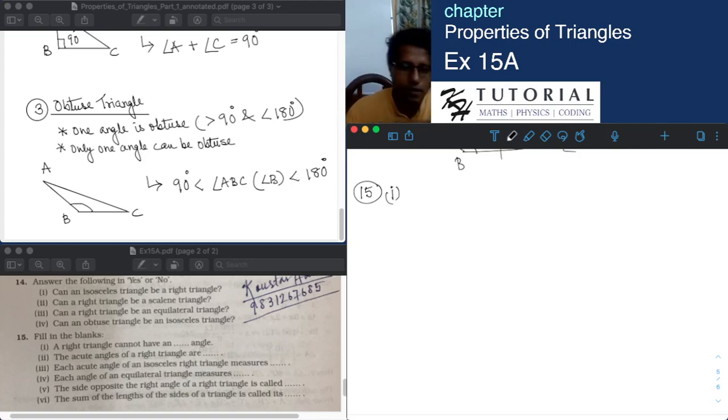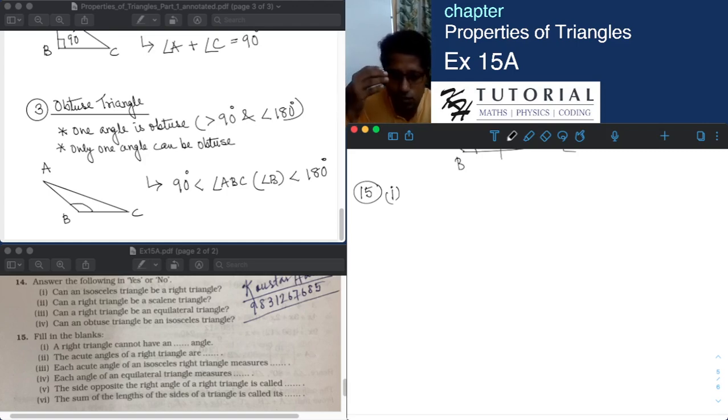We know that in a right triangle it cannot have another right angle or another obtuse angle. A right triangle cannot have... it can have a right triangle. So it is saying what kind of angle it cannot have, a right triangle.